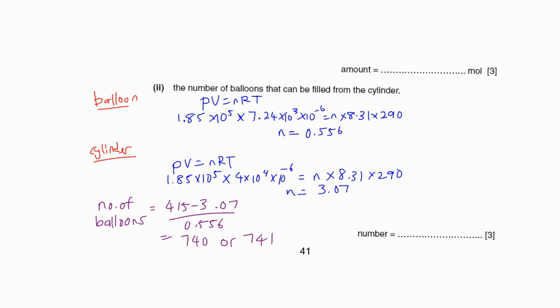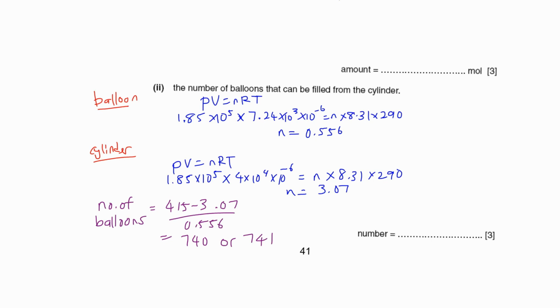It's because you're assuming every molecule of gas in your cylinder can come up and fill up all the balloons. Is that true or not? Can you use up the entire gas in your cylinder until it's completely empty? You can't. You know why? Because gas can only flow from higher pressure to lower pressure.